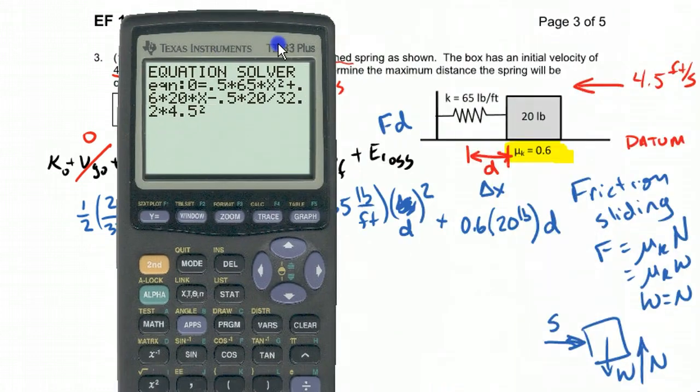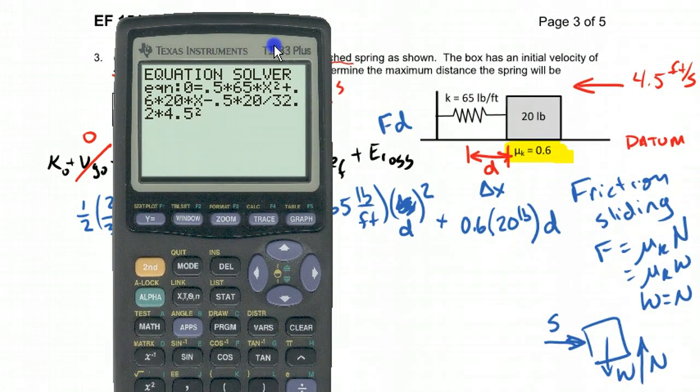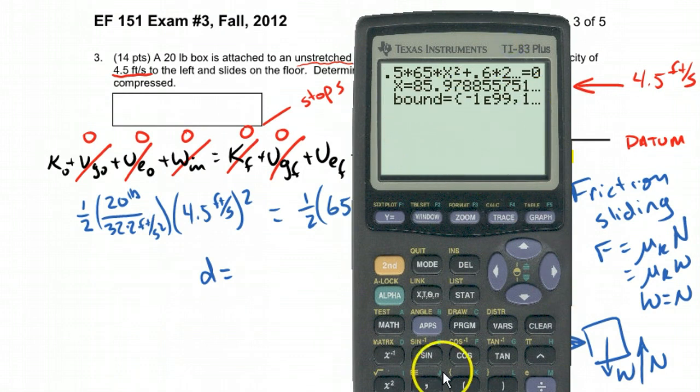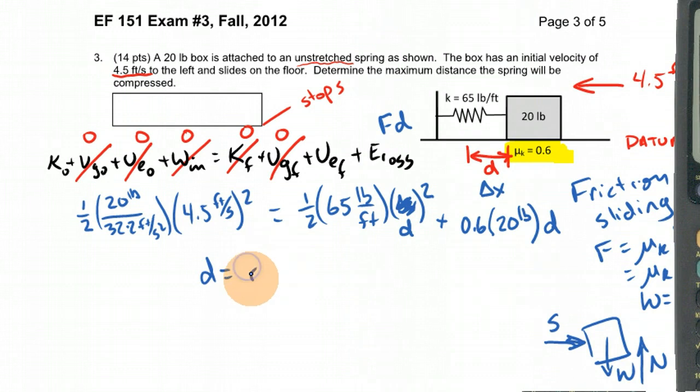0.5 times 65 x squared, 0.6 times 20 x, 0.5 times 20 over 32.2 times 4.5 squared. Let's guess initial value of 1. And the solver says 0.292. Okay, so D is 0.292.